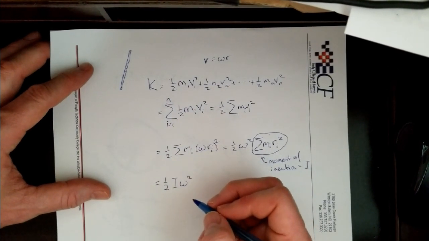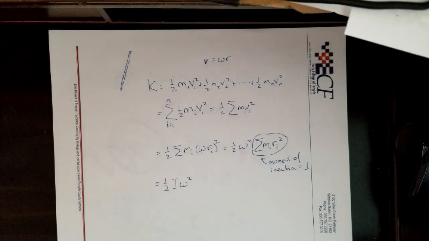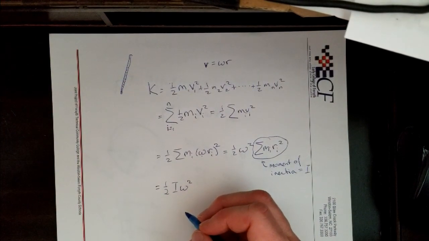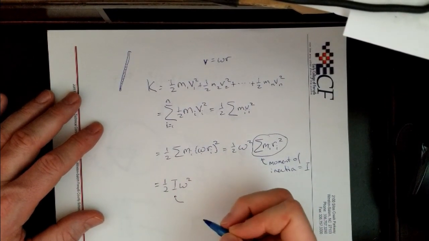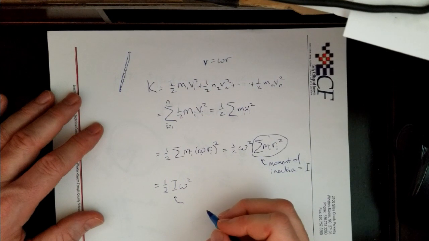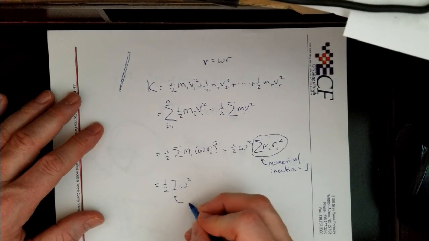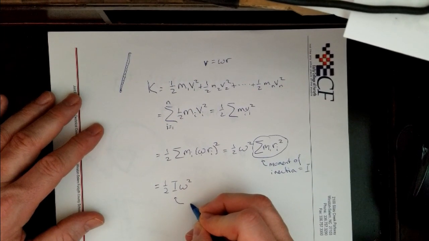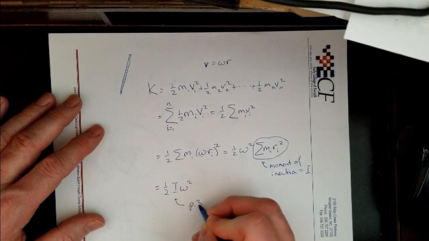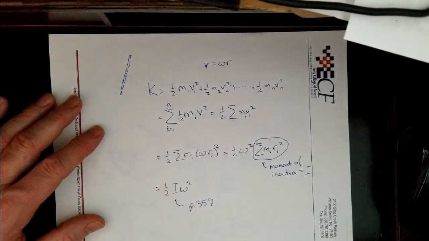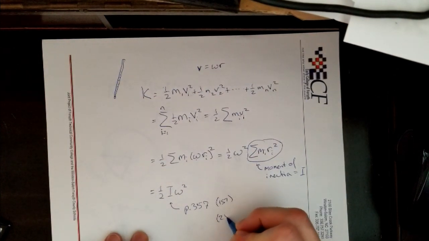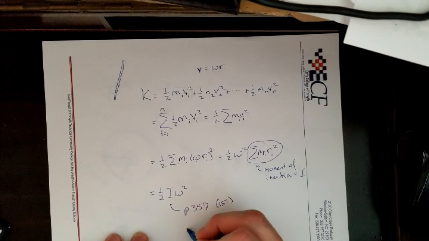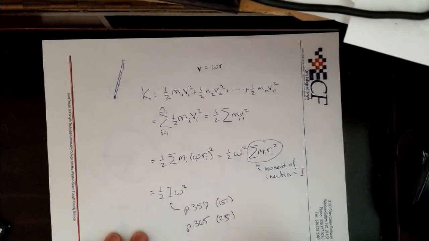Now, for 151, you're left with, great, how does that help you? Well, this helps you a great deal. There are certain shapes where it's already been calculated for you. For 151, I refer you to page 357, and for 251, I refer you to page 365.